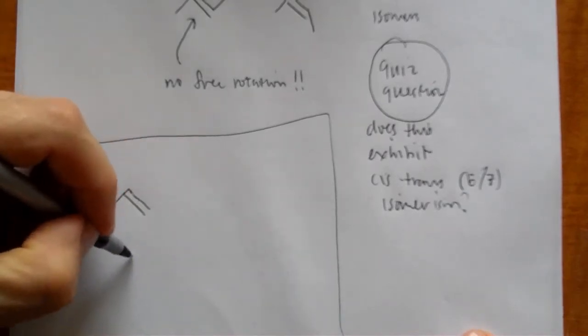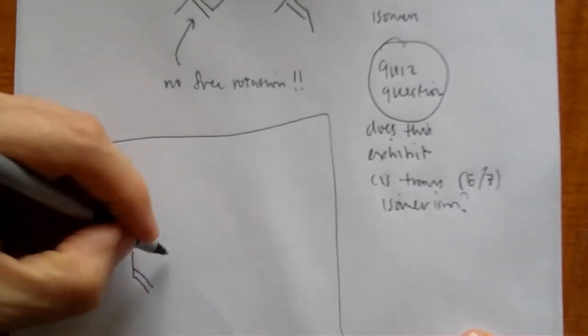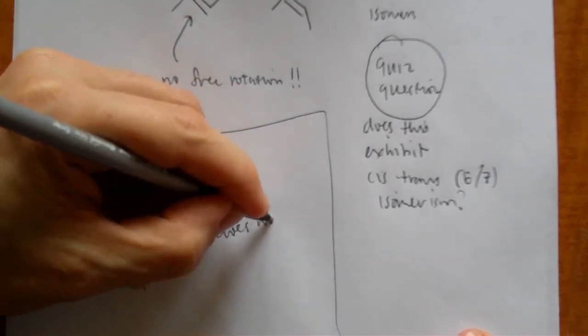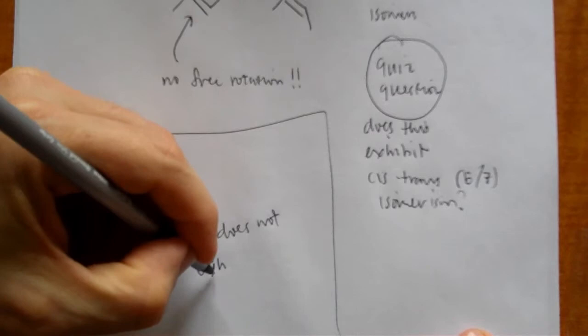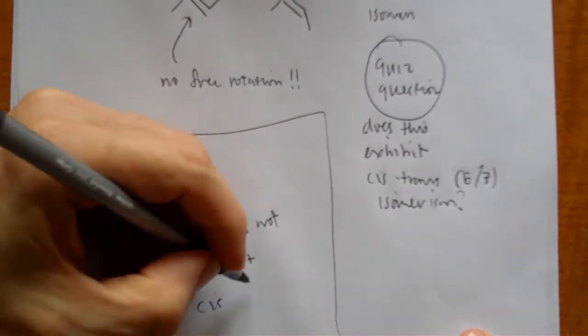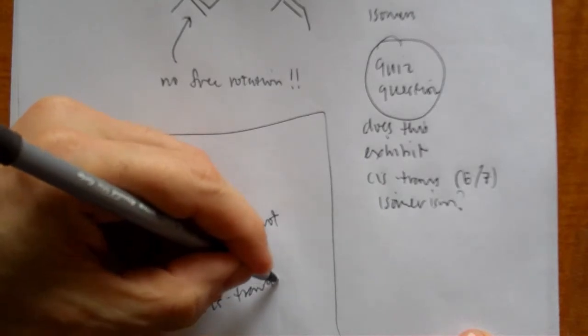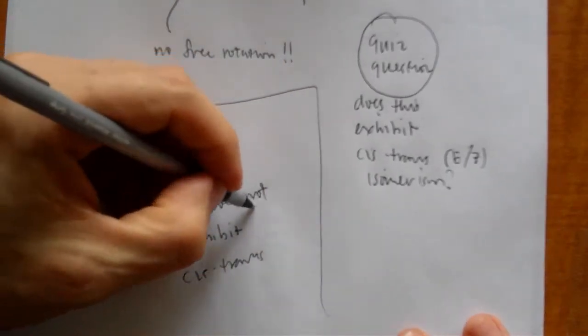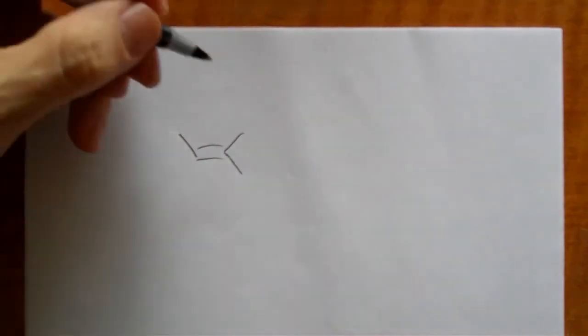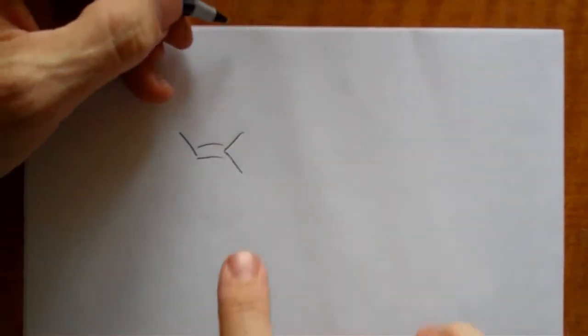Is it the same as that? Yes. Therefore, it does not exhibit cis-trans isomerism. It does not. Okay? So how are you going to figure that out? You can't just look for double bonds. The way that I'm going to do that is I'm going to take the double bond compound that I've got, okay, and I'm going to redraw it.